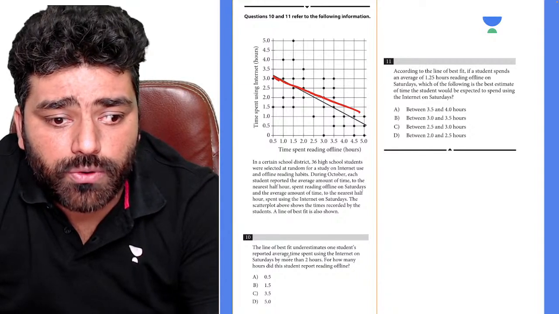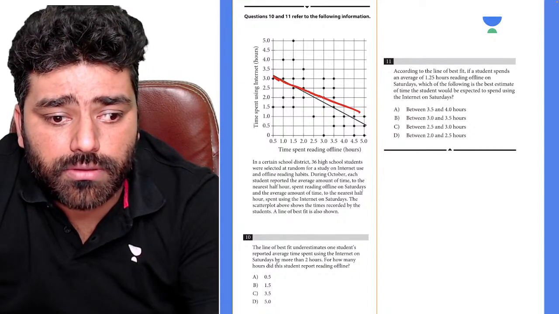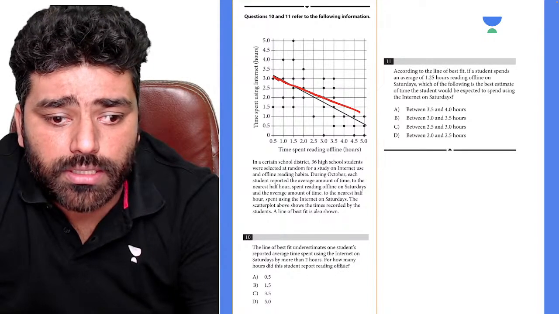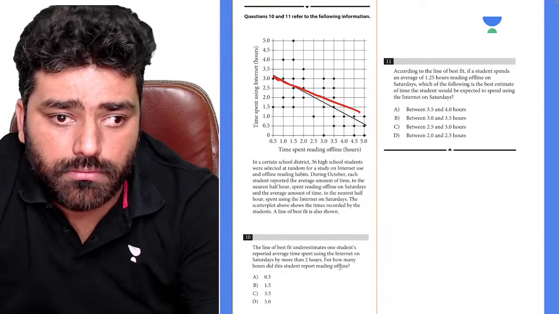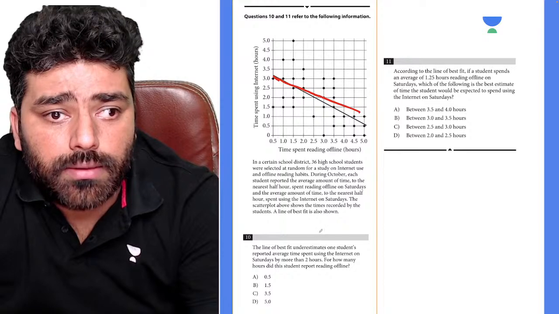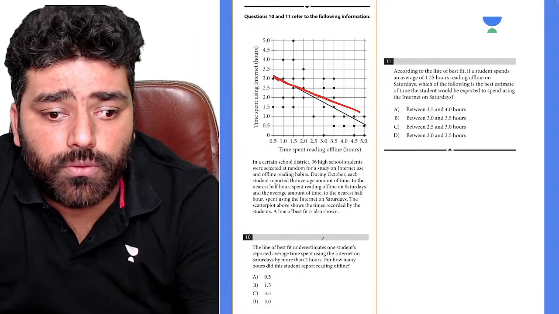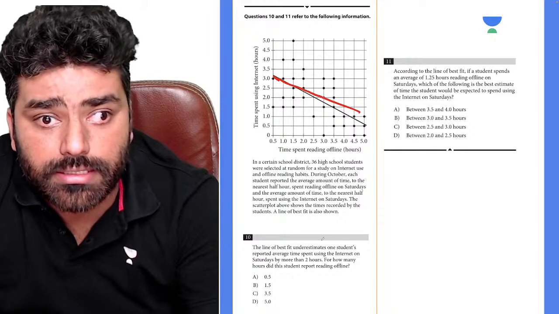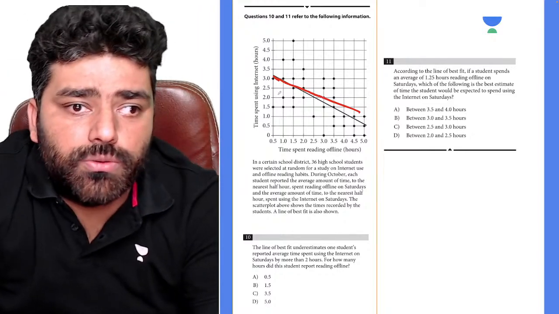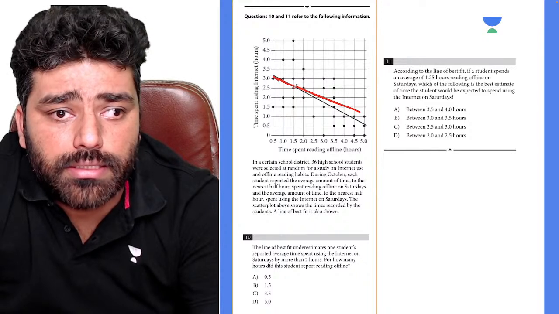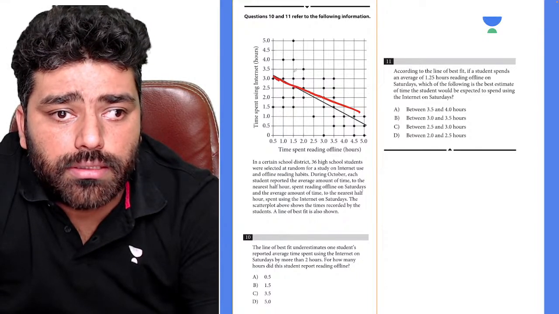For one student, the line of best fit underestimated the average time spent using the internet on Saturday by more than 2 hours. For how many hours did this student report reading offline? So what is it saying? The line underestimated for one student, that means the point was 2 units up, right? It should be 2 units up. In this case, no, there was no 2 units here and there.